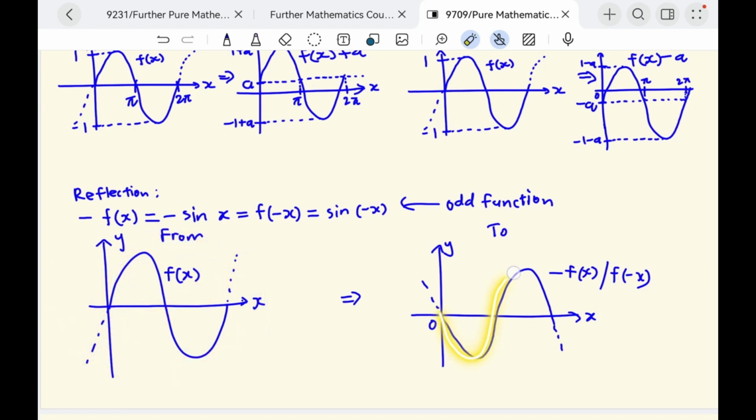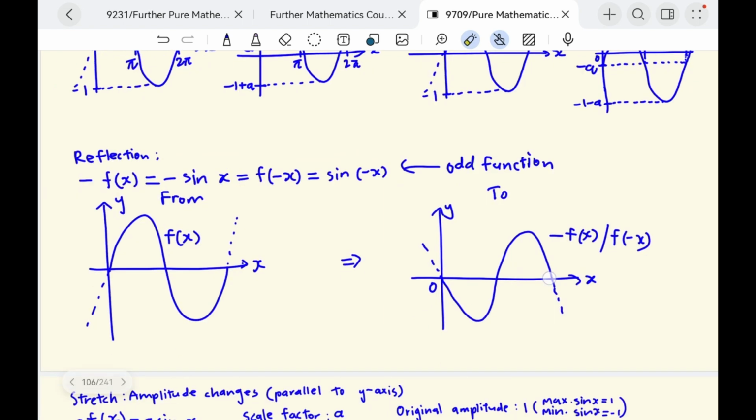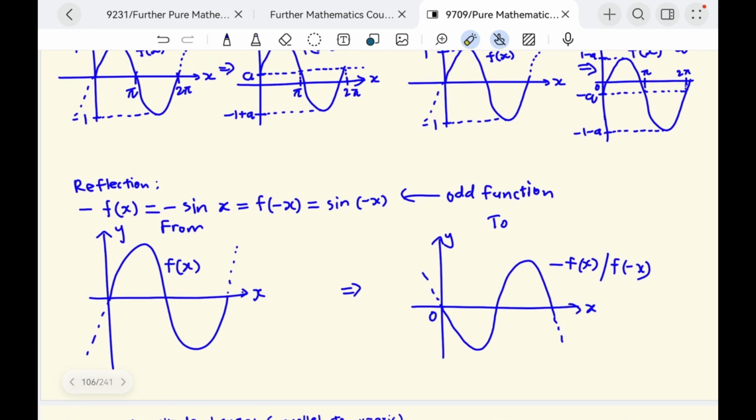So it turns out the reflected graph of sine on the y-axis becomes the transformed graph, which is exactly the same as the reflection on the x-axis, right? So please remember the fact, and this is the best evidence to prove that negative sine x equals sine of negative x. As I implied before, the sine function is an odd function. We can prove this by using the reflection transformation.